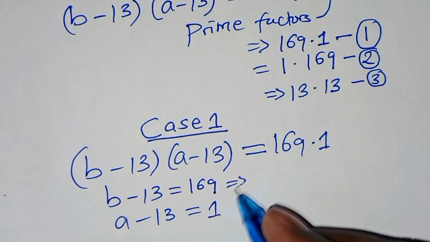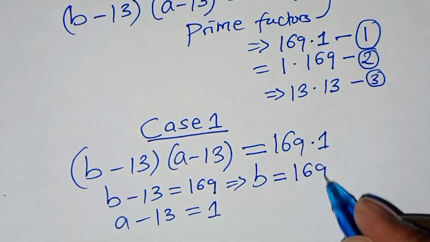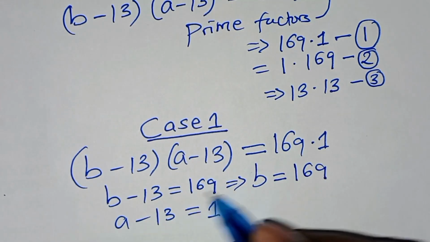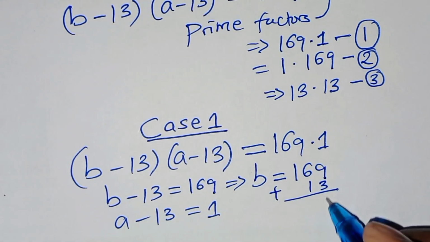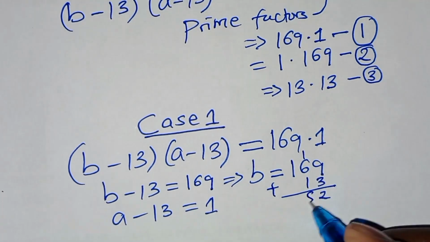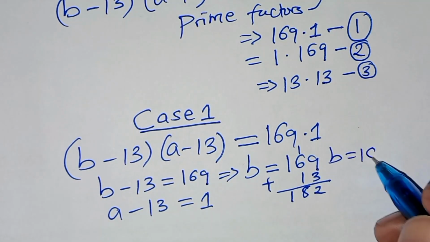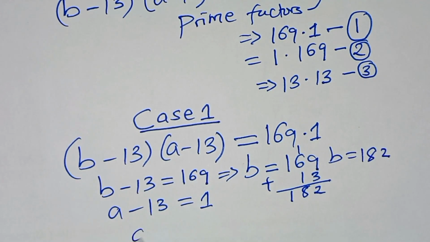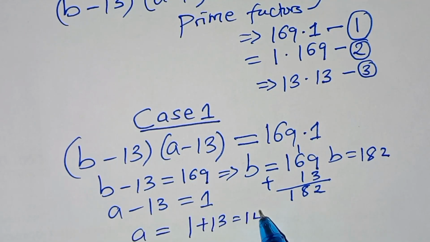So b is equal to 169 plus 13, which is 182, and a is equal to 1 plus 13, which is 14.